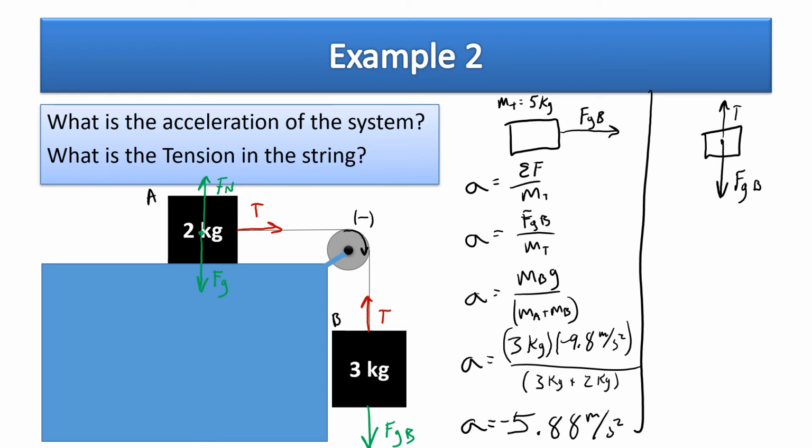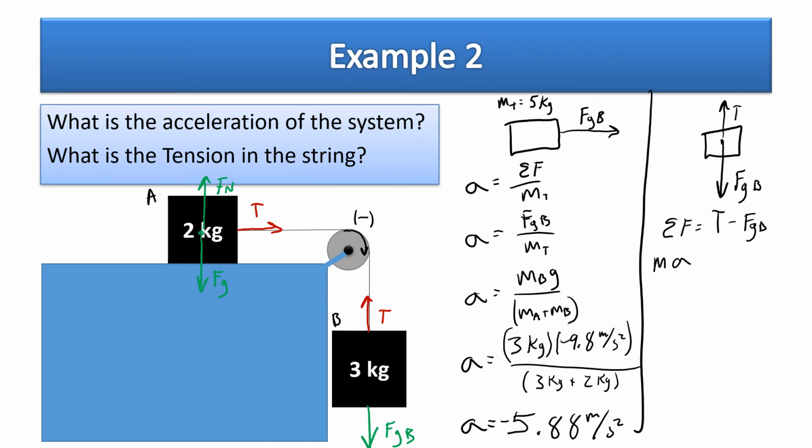The net force is equal to the FGB, which is actually pointing in the negative direction. So we might as well make the tension positive, minus FGB.